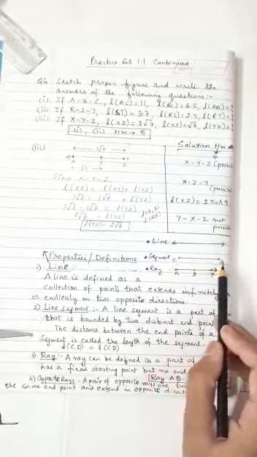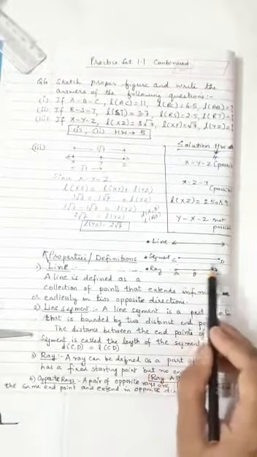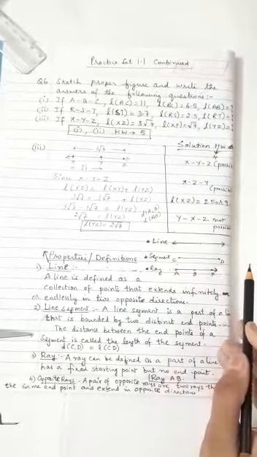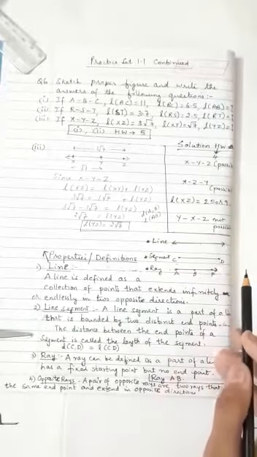It is a set of points between the end points C and D, including the points C and D. I hope it is clear.